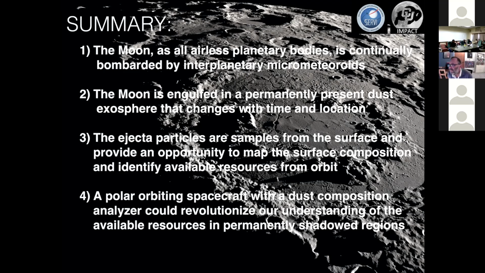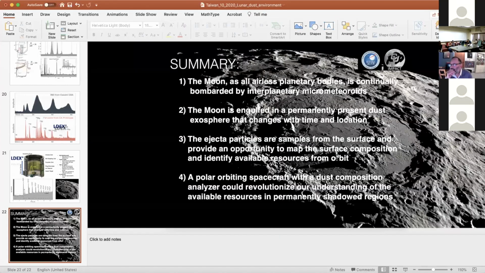Any other questions? I have a question. Yeah, please. Okay, so you mentioned the composition from the ejecta particles. Can we say that the material in these ejecta particles is not only coming from the surface, but also from the impactor, like a meteor shower?